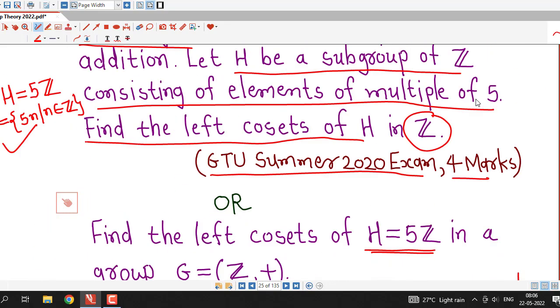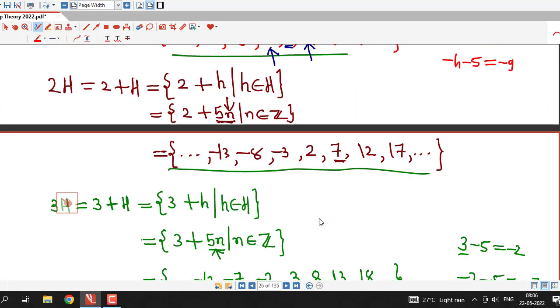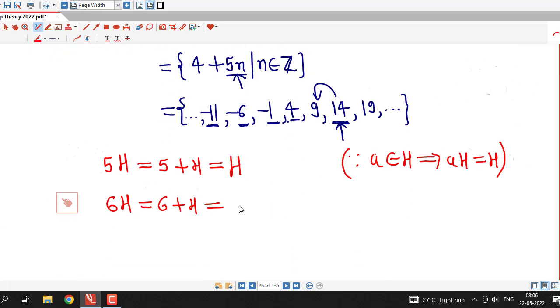We are using this property that if a1 is present in the left coset corresponding to element a2, then the left cosets corresponding to a1 and a2 are always equal. So using this remark, we can directly write that this is going to be 1 plus h or 1h, because 6 is an element of this left coset 1h.